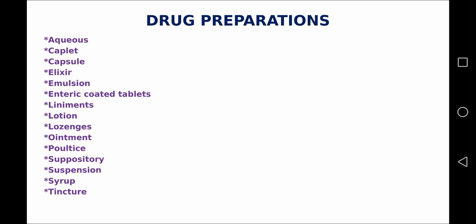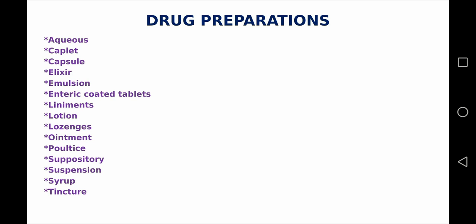Next is emulsion. These are drugs in which one liquid is spread by means of small droplets over another liquid, or dispersions of fat globules in water. Next is enteric coated tablets.